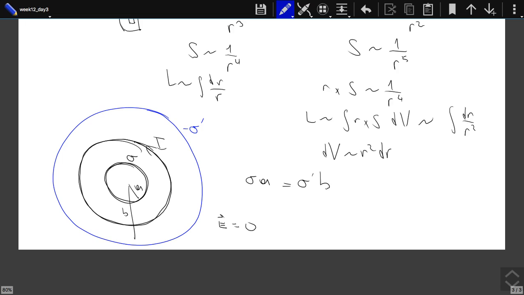B field is initially out of the screen. So its magnitude gets smaller. That is what will be creating the induced electric field. So the induced current should be such that it will create an additional B field. So the induced current should create a B field out of the screen. But that tells me that the induced electric field should be in this direction, also outside.